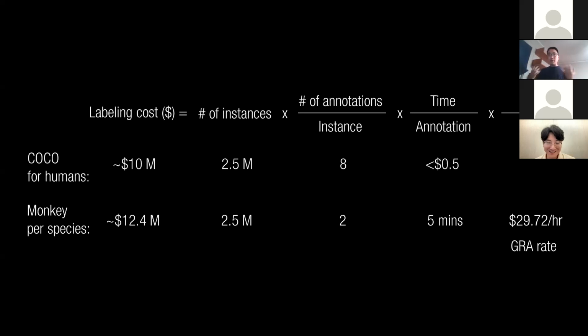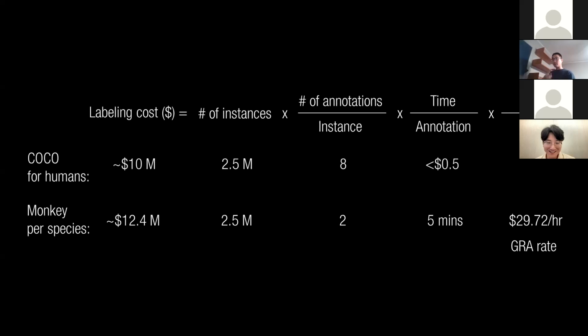So we need to spend this $12 million again for each monkey species. Note that we use $10 million to model the entire population of humans. But here we can model the monkey only for one species, and there are hundreds of species of monkeys, right? So now you see that this is not a scalable solution.